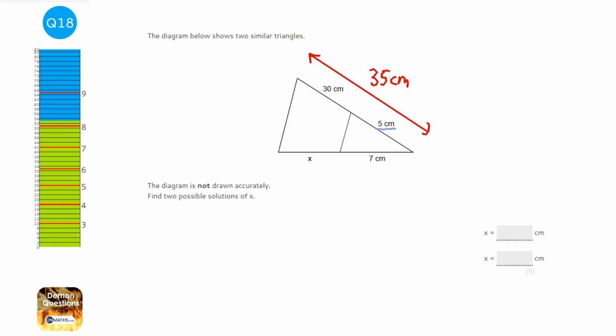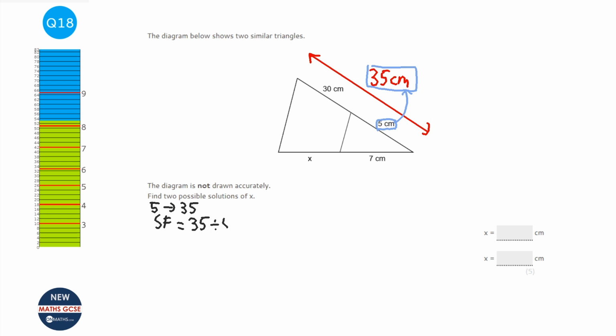So that 5 there grows to 35. And to work out the scale factor, so the 5 to the 35, the scale factor is going to be 35 divided by 5, which is 7. So scale factor is 7.